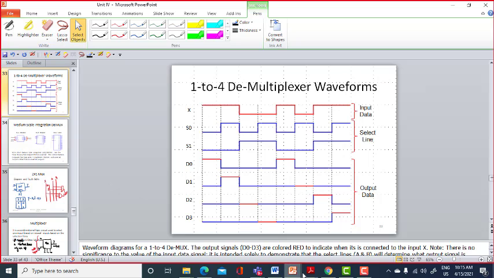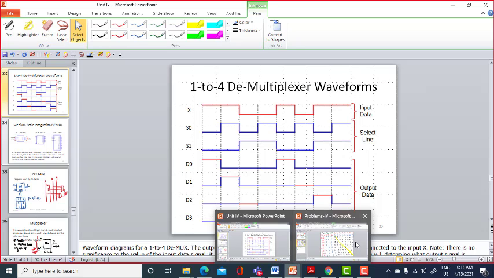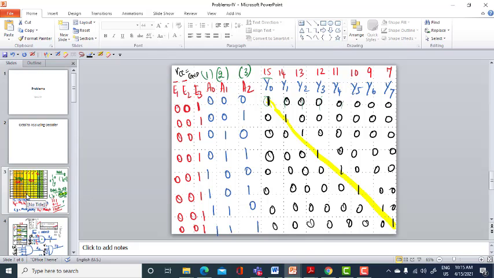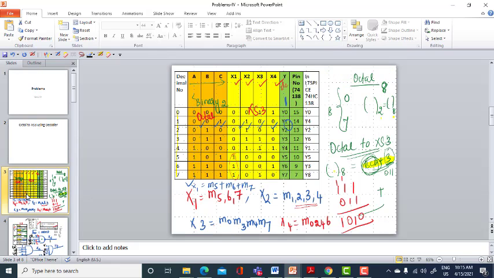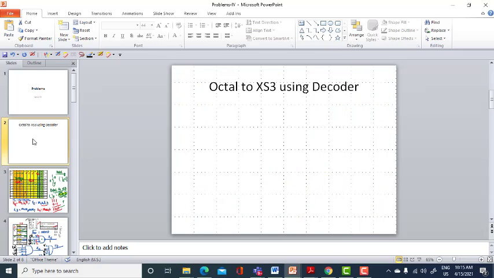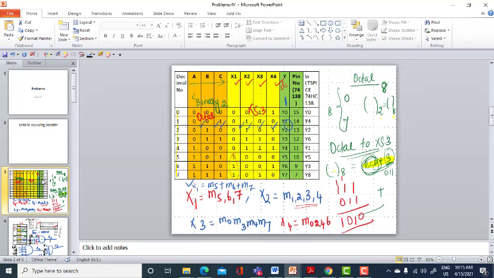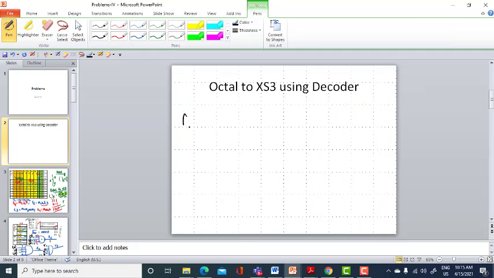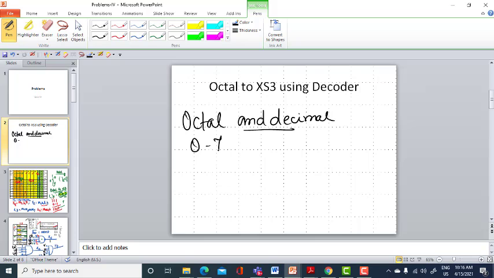And let us have one problem with a decoder. So you already know code conversion. This is octal to XS3 code conversion using your decoder IC. Octal and decimal numbers are quite similar from 0 to 7.